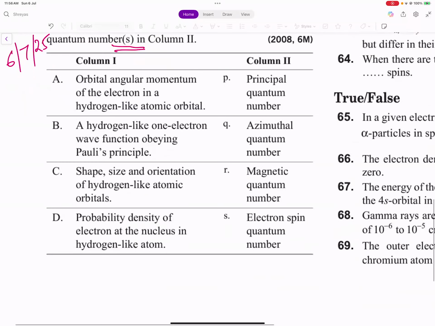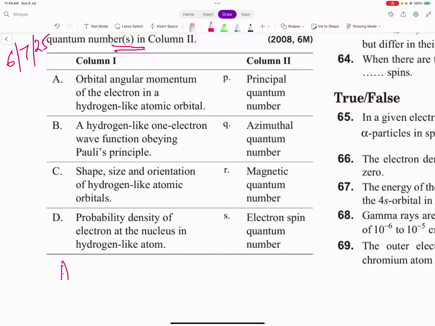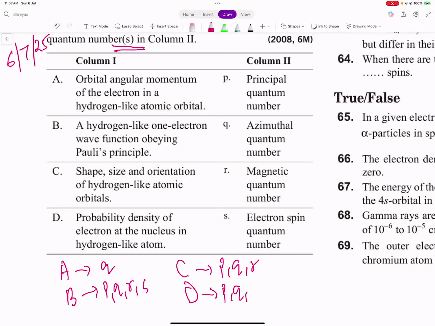So you got it? A is only Q. B, P comma Q. C, P, Q, and R. D. Got it?